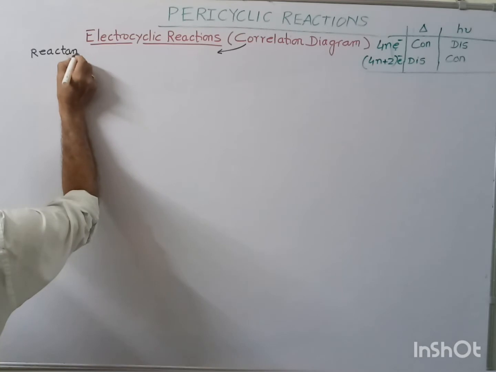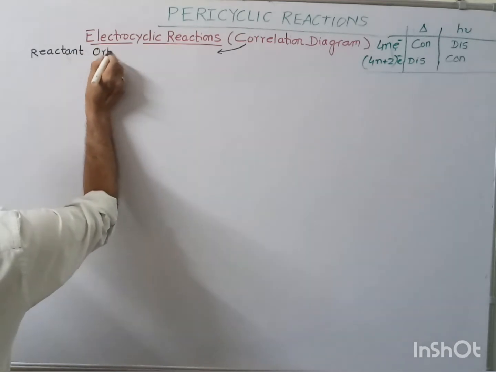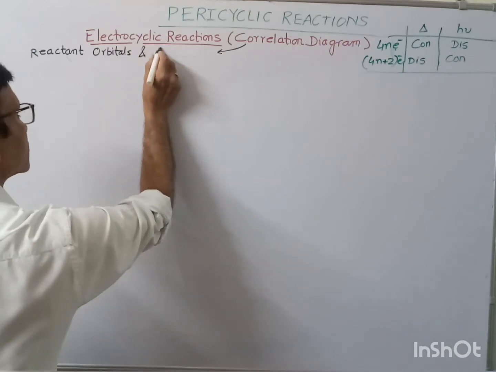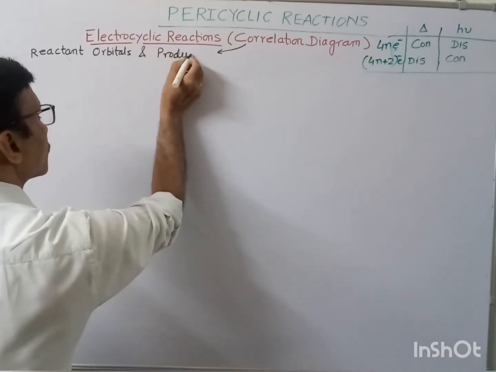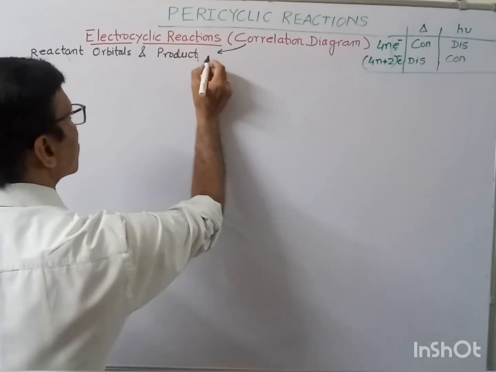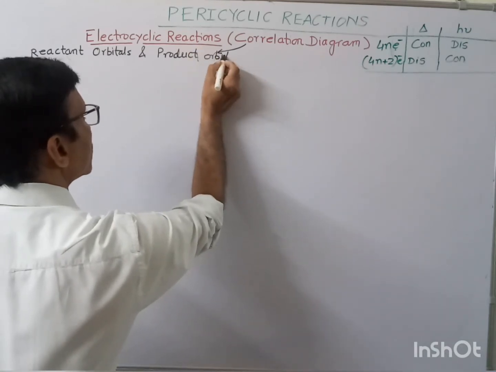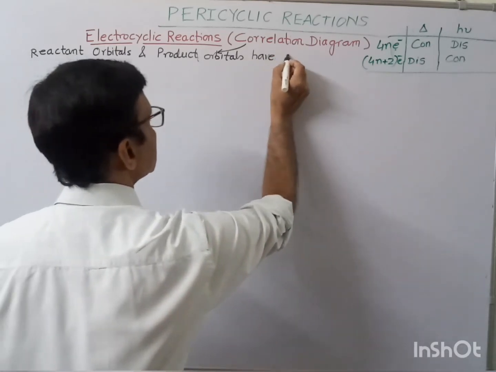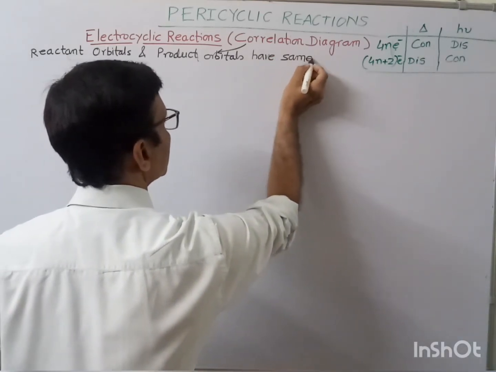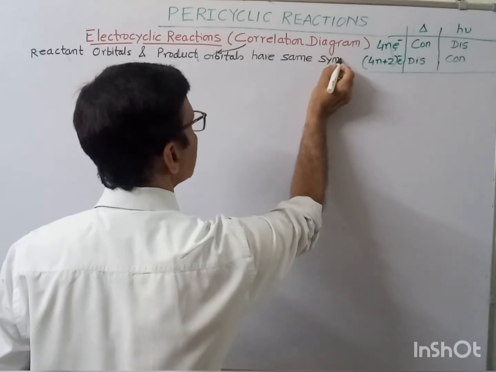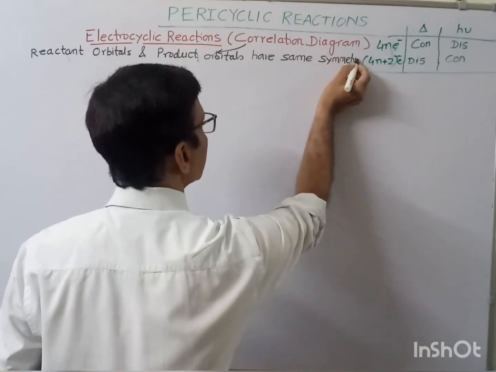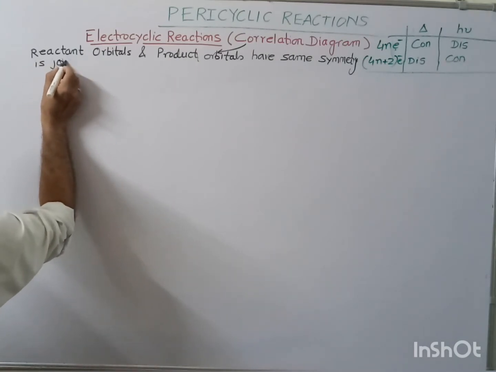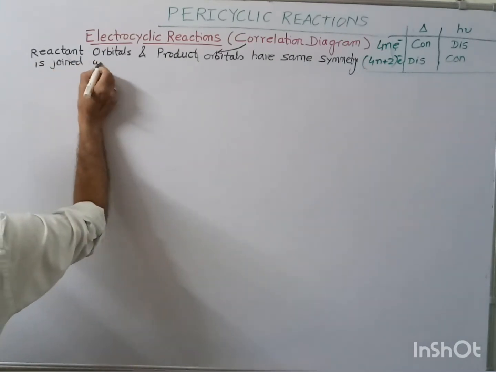So reactant orbitals and product orbitals having the same symmetry are joined with the help of a straight line.